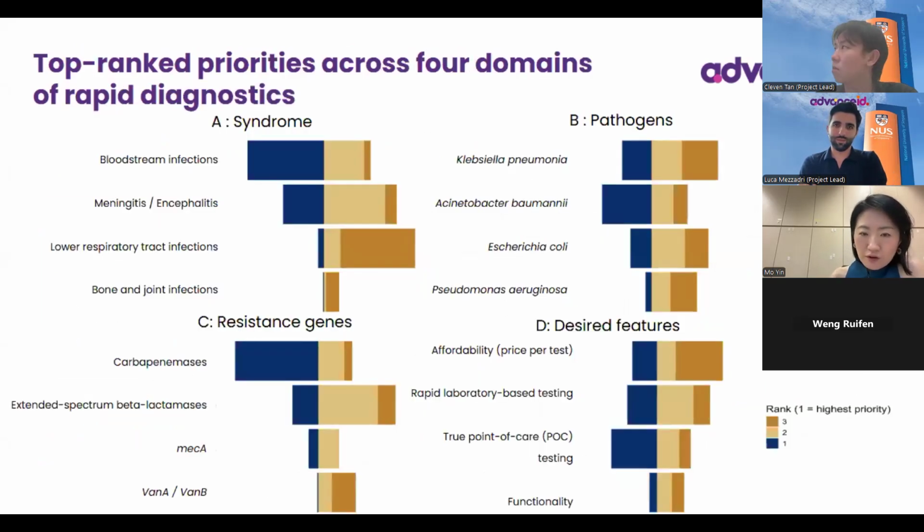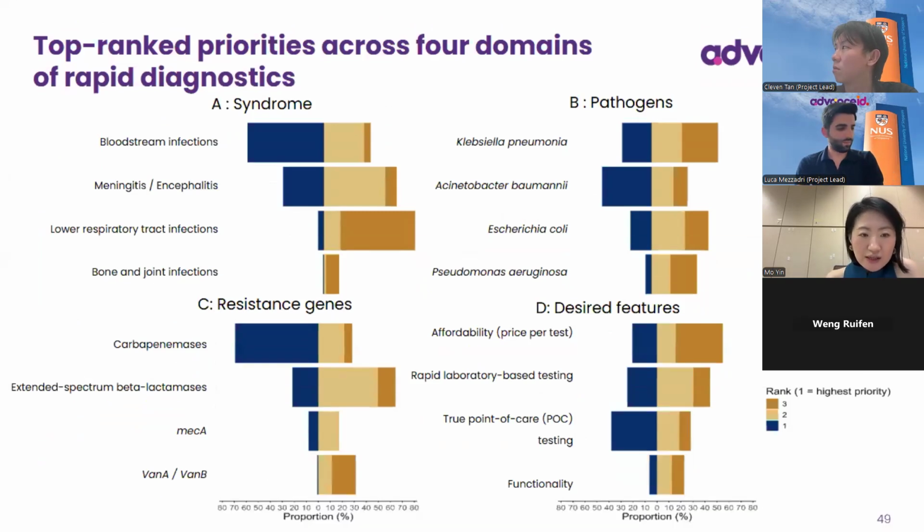Out of all the TPP questions, we have identified these four main features that the investigators or the practitioners would like to focus on, or the disease burden that is really visible in their own setting. Firstly, the attention in terms of the syndromes is on bloodstream infections, meningitis, encephalitis, as well as lower respiratory tract infections.